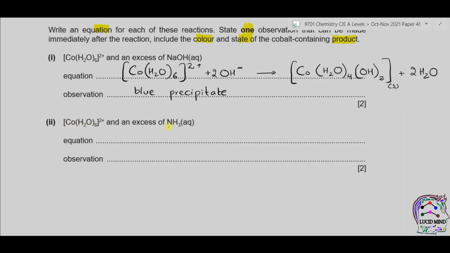Second is the reaction with excess ammonia. We can again write the equation [Co(H2O)6]2+, 6 water molecules, 2 positive charge. We have excess ammonia aqueous. Now ammonia can replace all water molecules, so the product will be [Co(NH3)6]2+.